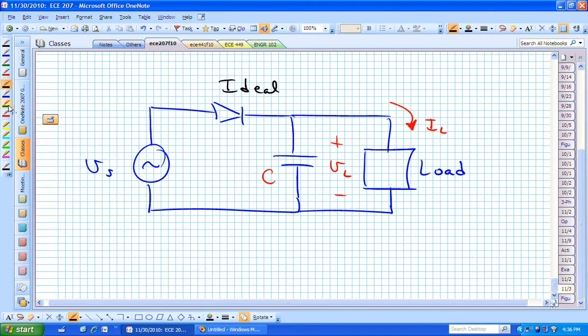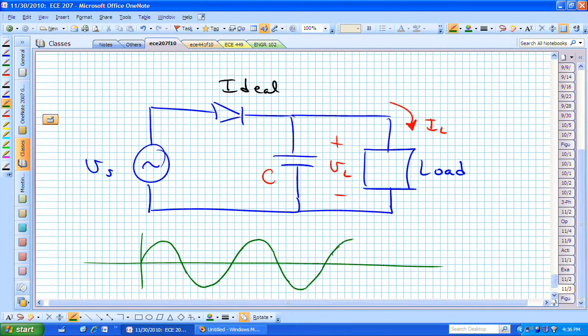If I now want to get some feel for what's going on, suppose V sub S of t looks like that.